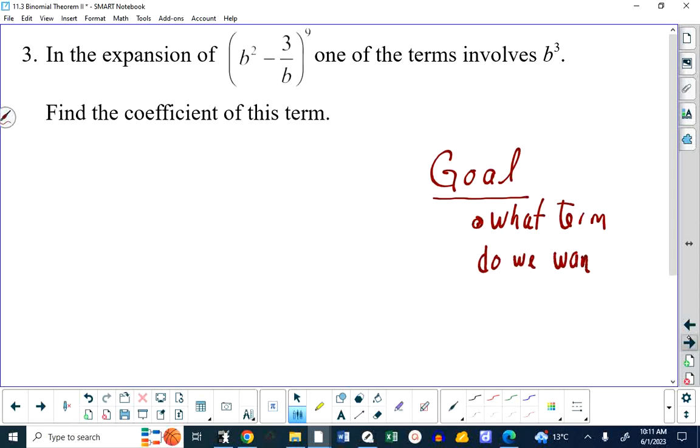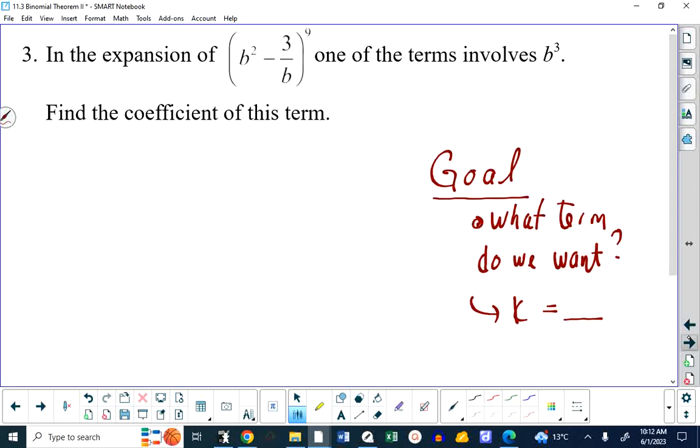I know we want the term that's going to have b cubed, but I'm asking, is that the first term or the second term or the third term or the fourth term, etc.? And the reason why that's important is if we know the answer to that question, we will be able to figure out the key number. Because if I discover that it's the fifth term, the key number is 4.